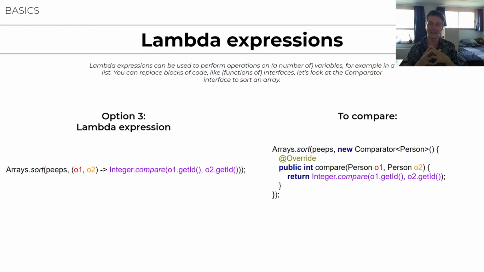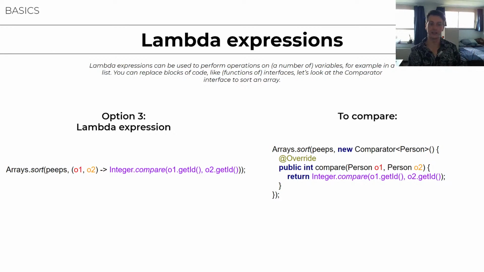Now, if you look at the anonymous class versus the lambda expression, what you see is that it also has that same layout. So on the right, you see person 01, person 02. Those are the parameters, and those you put before the arrow in the lambda expression. Then it returns integer.compare 01.getID, 02.getID, that you put after the arrow.